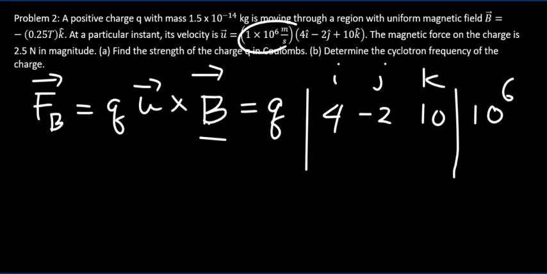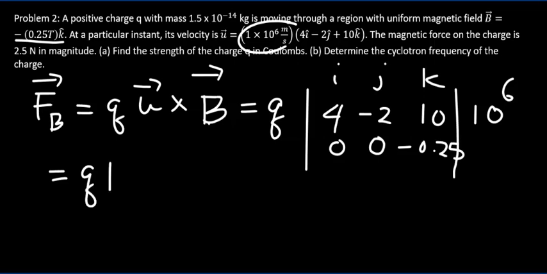The magnetic field is given by that expression with only the z component. So the x component is 0, y component is 0, and the z component is minus 0.25. So let's bring the common terms out of that determinant sign, and let's expand the determinant.